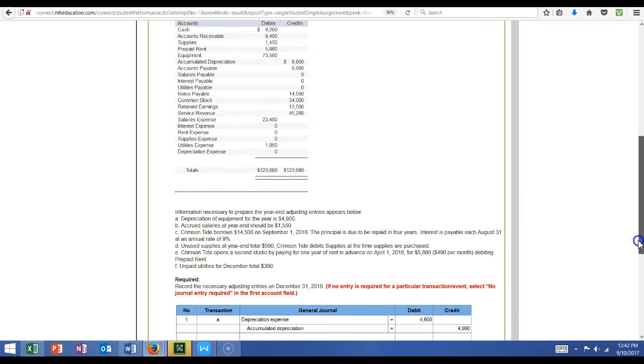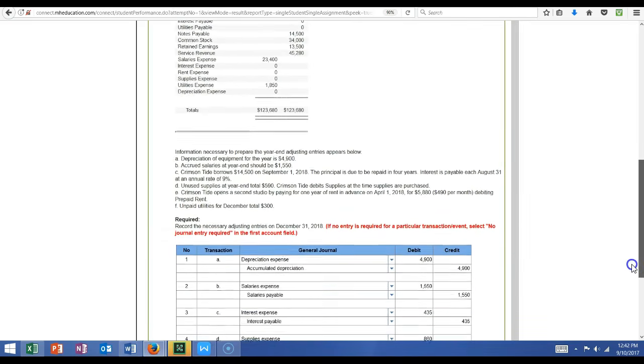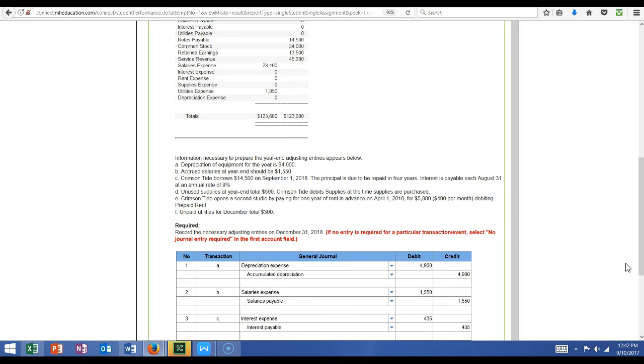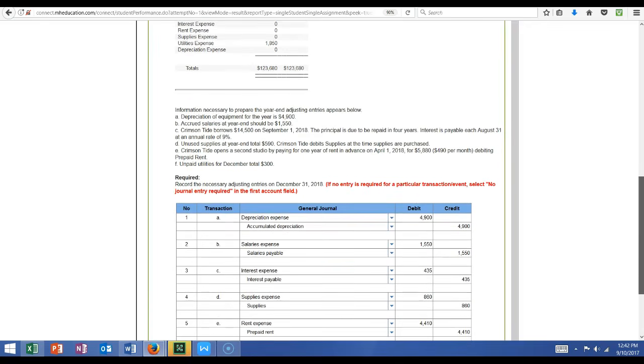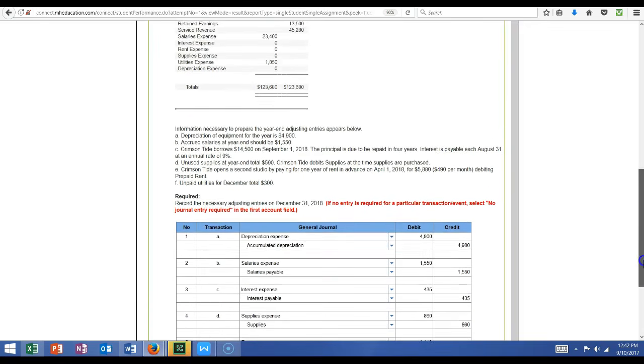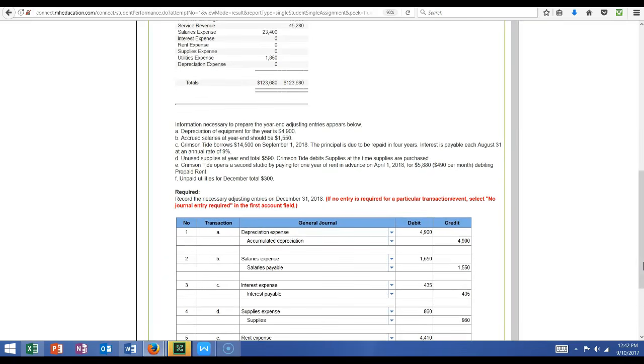Depreciation of equipment for the year is $4,900. All we need to do with that one is debit depreciation expense of $4,900, credit accumulated depreciation of $4,900. B, accrued salaries for the year should be $1,550, so we debit salaries expense, credit salaries payable, $1,550.